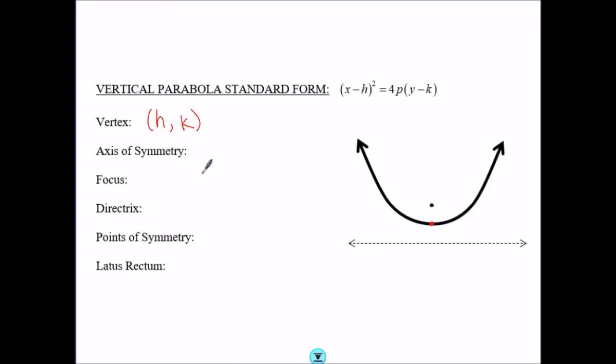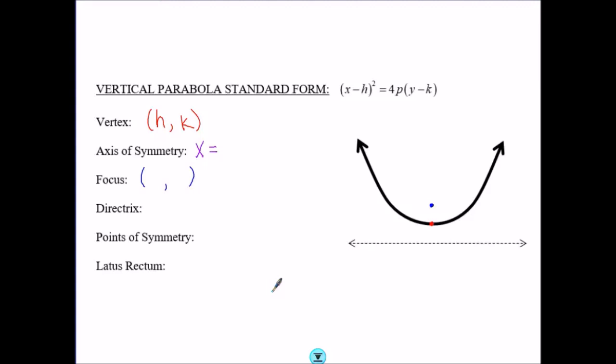And in this case, for a vertical parabola, the axis of symmetry will be a vertical line, so you need to make sure you write your equation for the axis of symmetry as the equation of a vertical line, which is x = a number. Now, the focus is a point, so you need to make sure that you write that as an ordered pair.